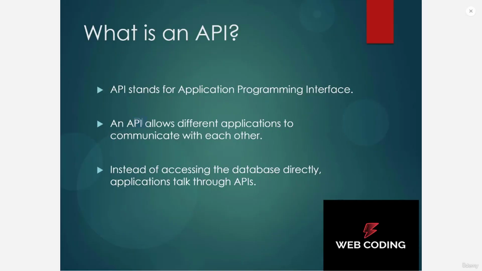An API allows different applications to communicate with each other. You can have your own web app, and you can simply hit an API. Let's say, for example, you have a payment app. You can use PayPal's API to allow users to pay for products.